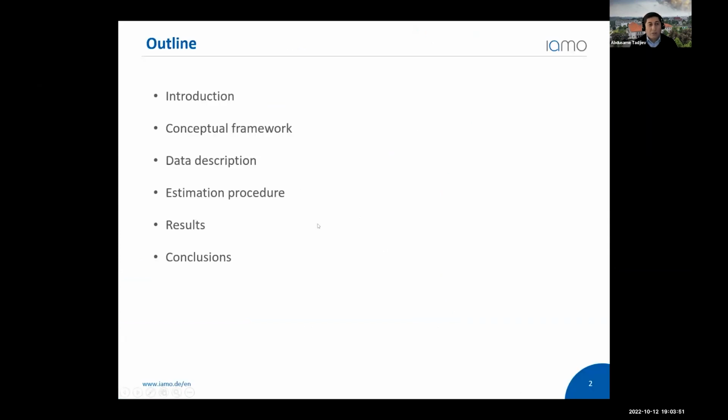In the beginning of my presentation, I will tell the problem background, then I will explain the conceptual framework and data discussion. Then I will shift to explain the methodology that we use in our study. And finally, I will tell the preliminary results and conclusions.